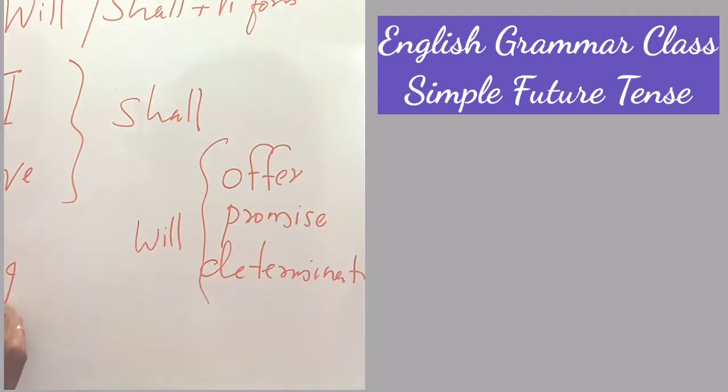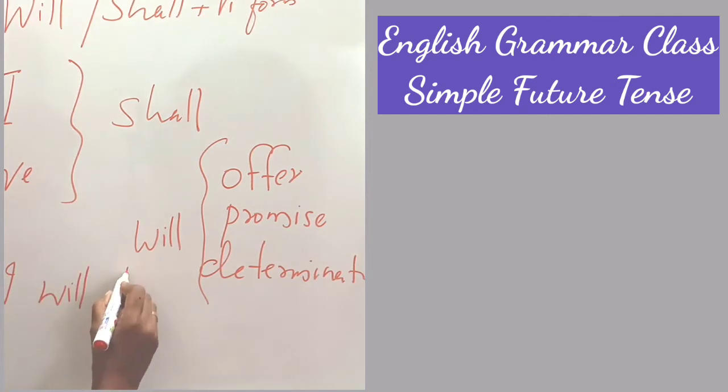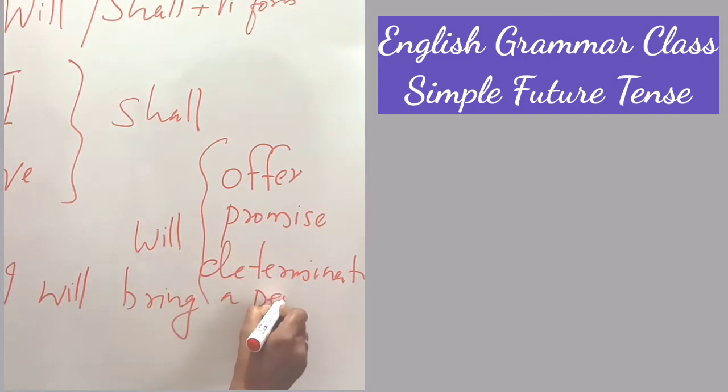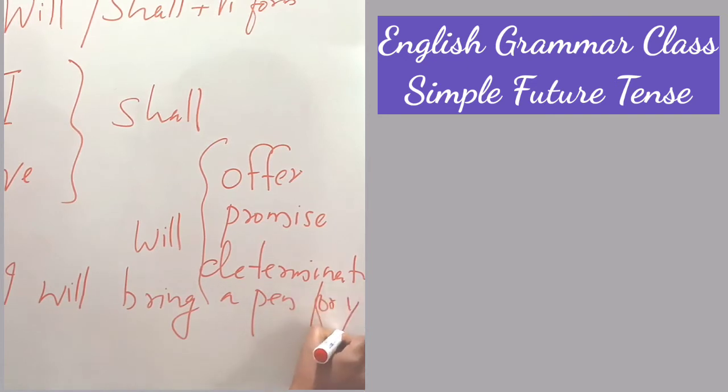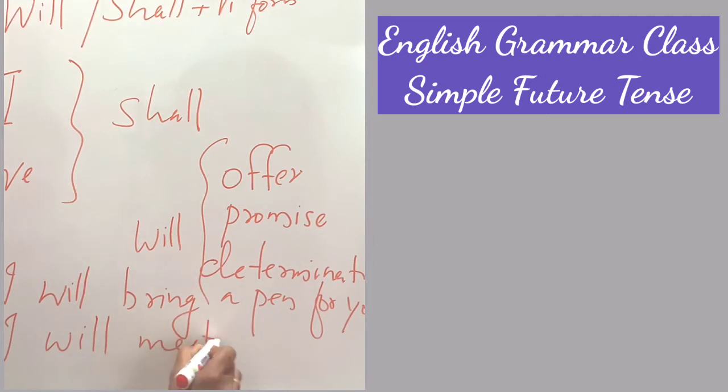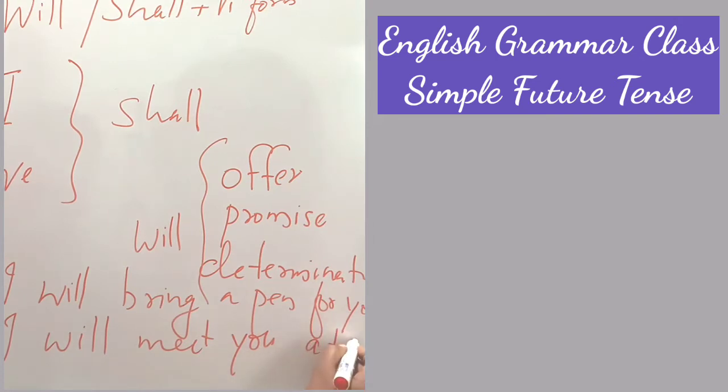I will bring a pen for you. It is an example of an offer. Here we use will with the subject I. Then, I will meet you at 10.